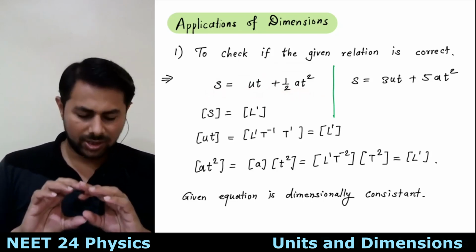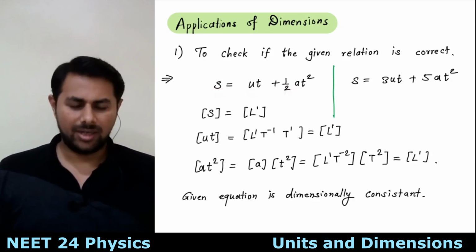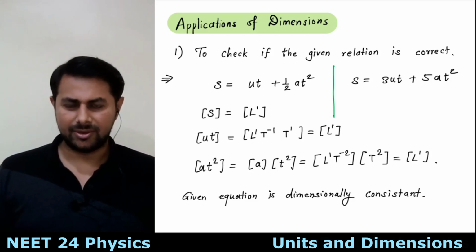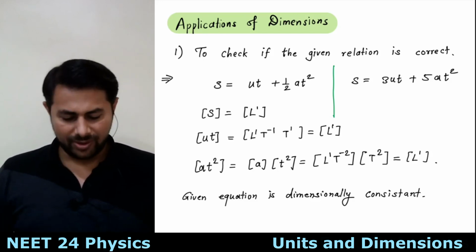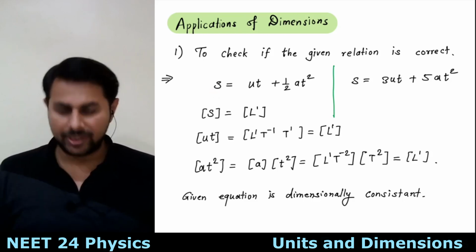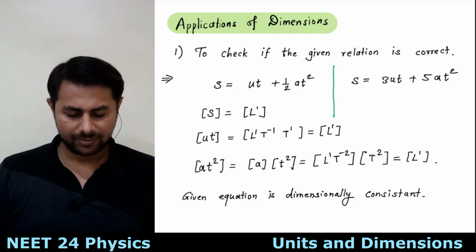So the dimensions of all the terms in an equation should be equal, they should be same, then only it could be correct. I will explain why I'm saying it could be correct and I'm not saying it will be correct. But if dimensions are not matching, it will be definitely wrong.